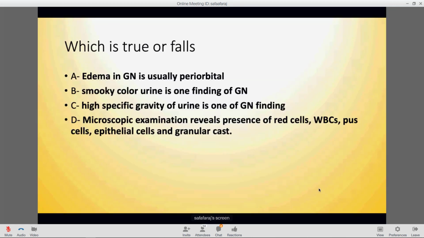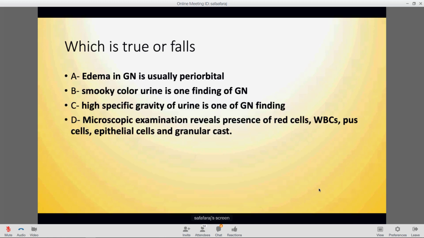Which is true or false? A. Edema in glomerulonephritis is usually periorbital. True, it is usually periorbital. B. Smoky color urine is one finding of glomerulonephritis. False. Smoky, dirty, brown color urine. C. High specific gravity of urine is one of the glomerulonephritis findings.